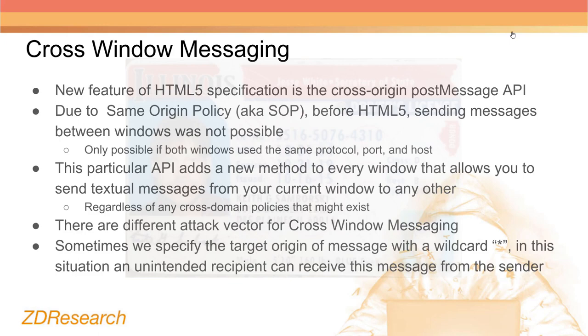So if the origin is allowed to be anything, then an attacker can receive the messages and communicate with an attacker-controlled server instead of the server that was intended by the application itself. And then if this message is sensitive, such as a session handler or something like that, then the attacker can get full control.